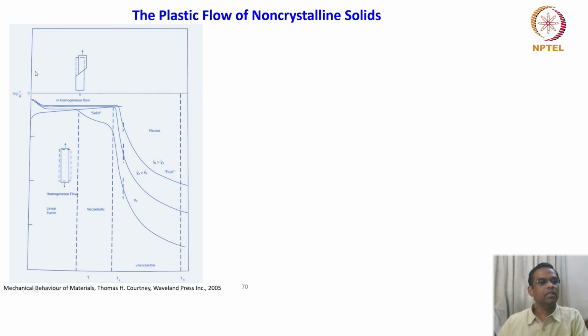basically elastic to viscoelastic and then plastic and so on. If you look at the different boundaries marked in this region, it is quite interesting. At low temperature, the non-crystalline solids exhibit a homogeneous flow. In this temperature range it is linear elastic behavior, and then a little below the Tg it is viscoelastic behavior.